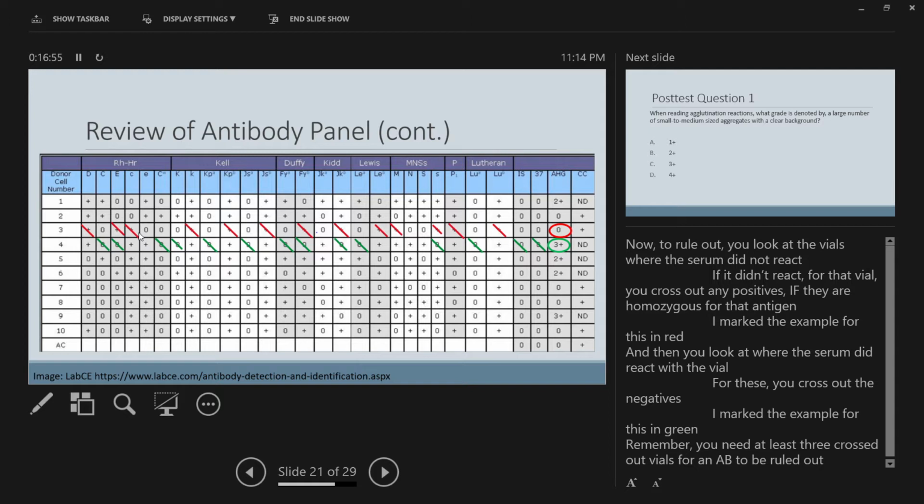If you look at the green, that's where there's a positive reaction, and for that you cross out where the negatives are, where there aren't any antigens present on the cells. Remember, you need at least 3 crossed out vials for the antibody to be ruled out. So we'll need to do this for all 10 of the rows.